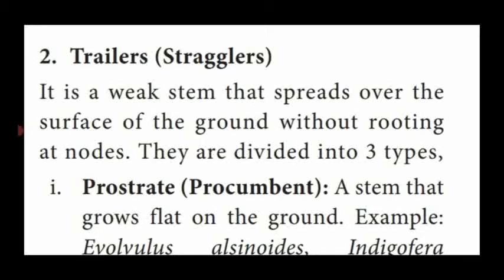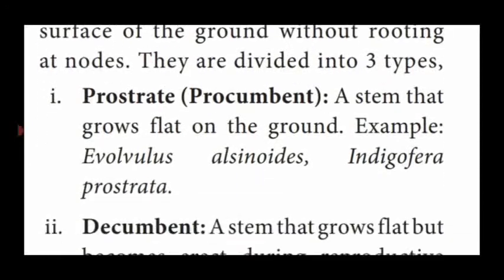In the first one, when they touch the ground, they produce roots from the nodal region of the stem, isn't it? That is said to be creepers. But in the trailers, they spread over the ground level without producing roots in the nodal region.